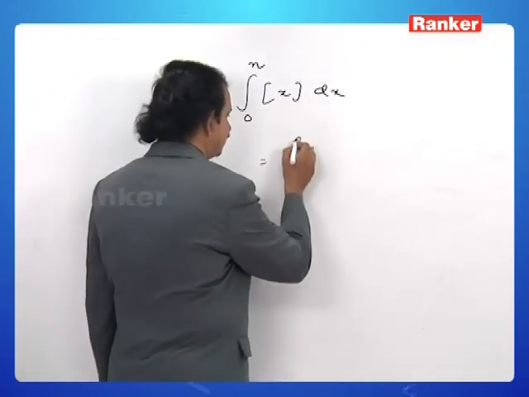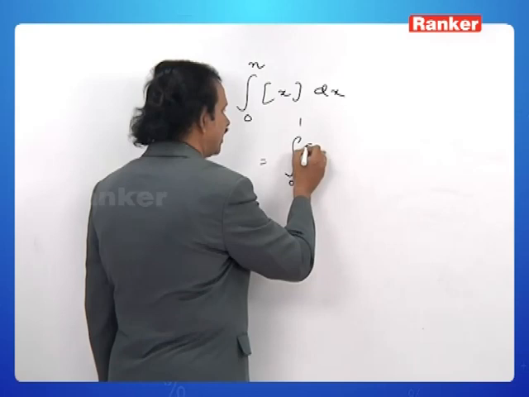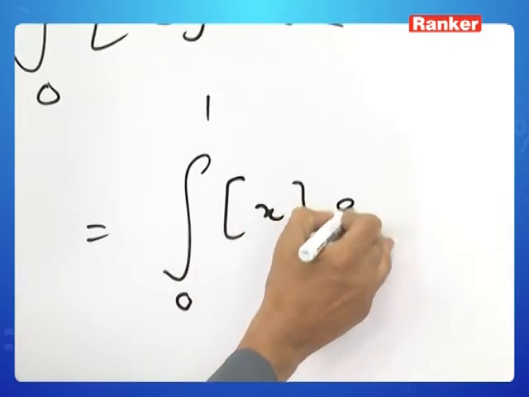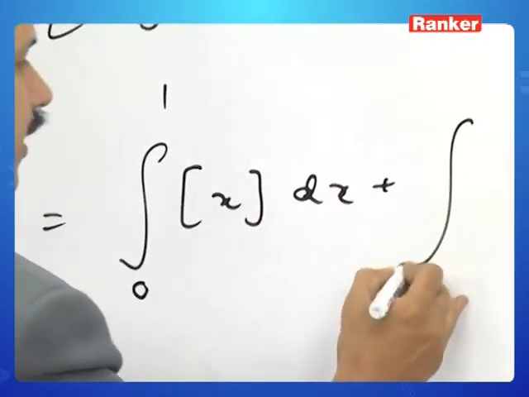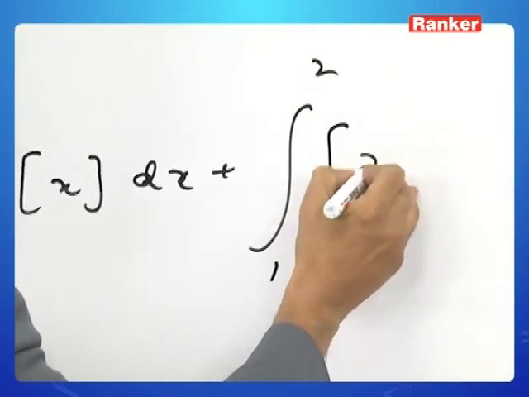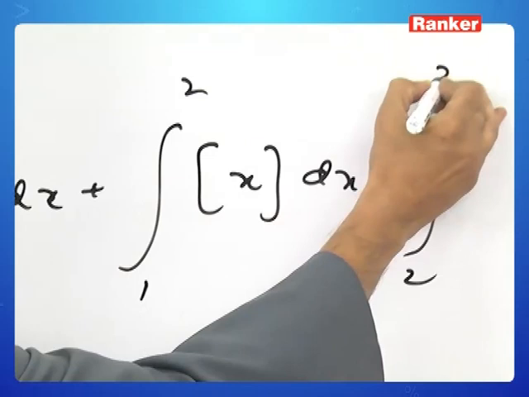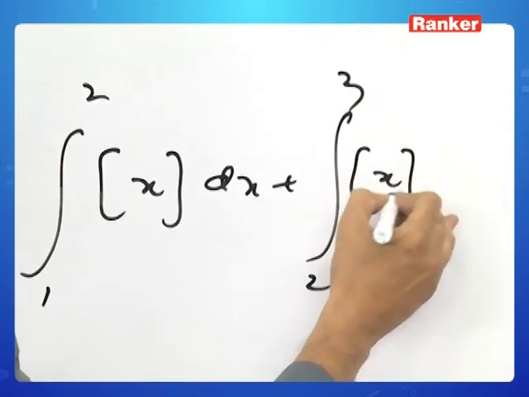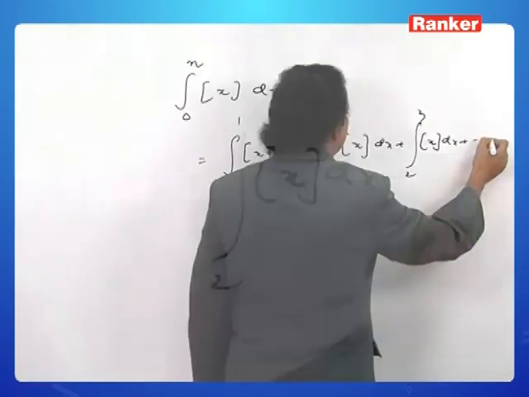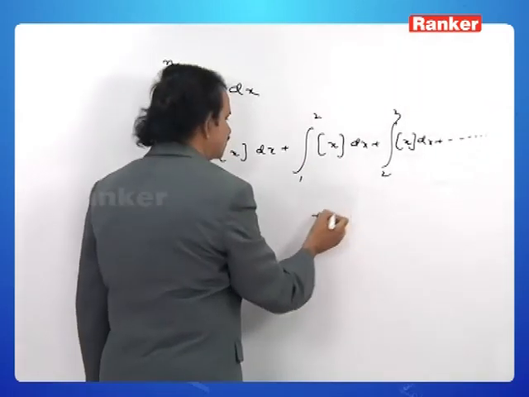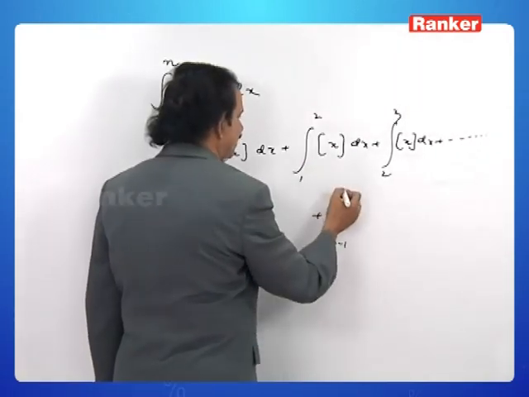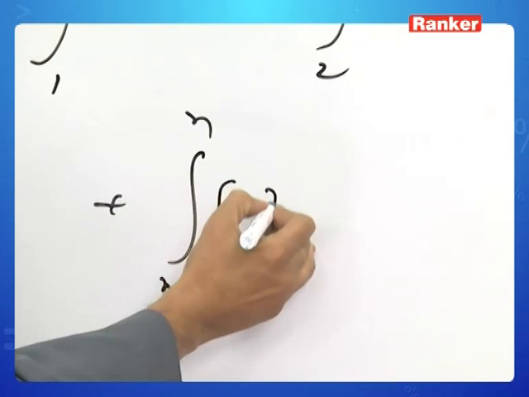This is equal to integral 0 to 1 integral part of x dx plus integral 1 to 2 integral part of x dx plus integral 2 to 3 integral part of x dx, and so on, etc., etc. At last, integral n minus 1 to n integral part of x dx.